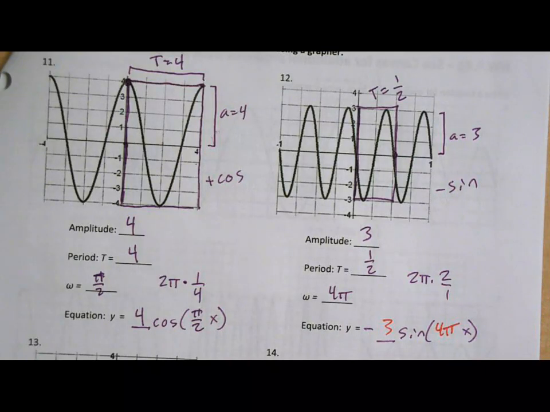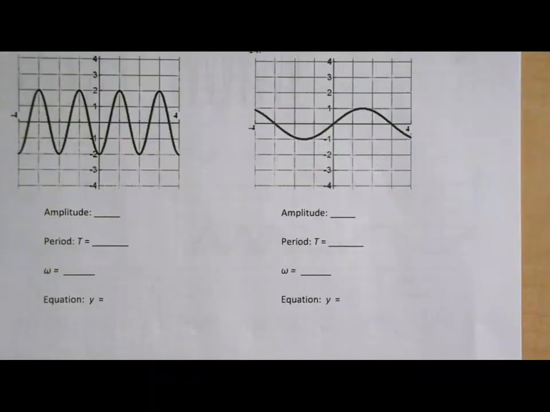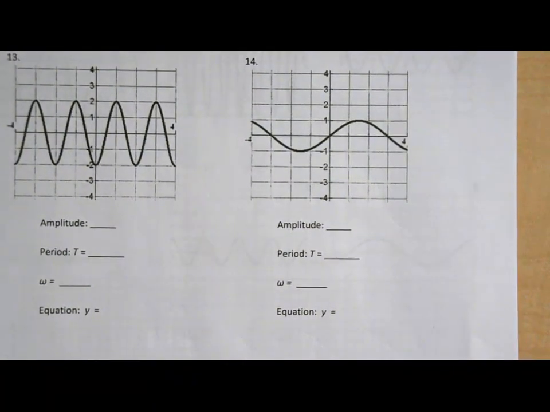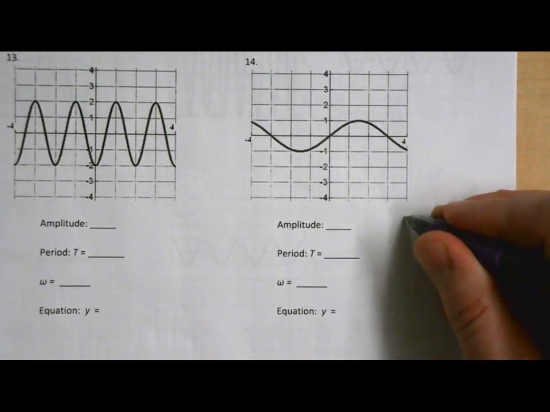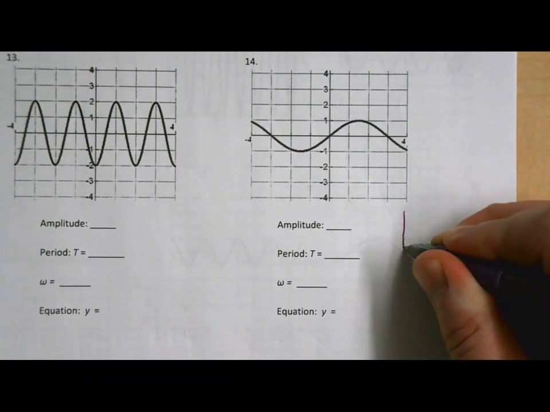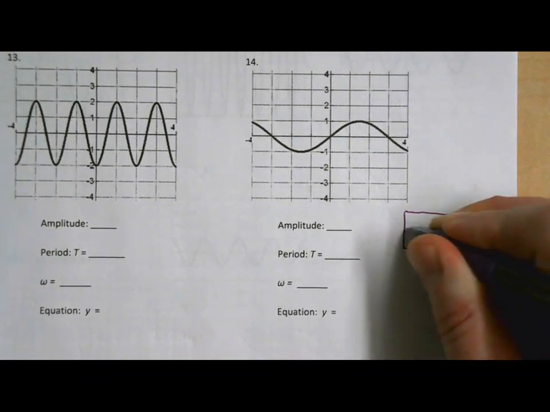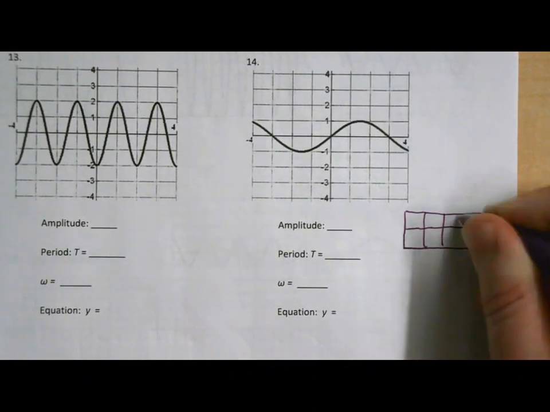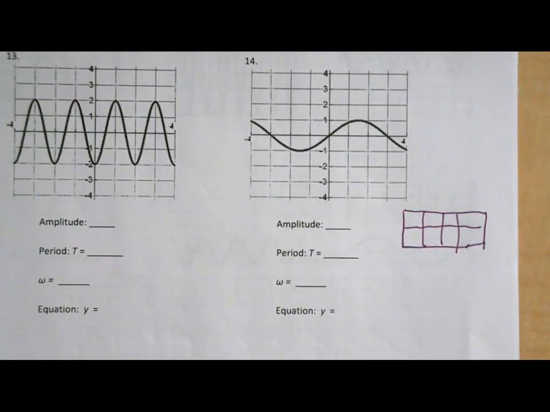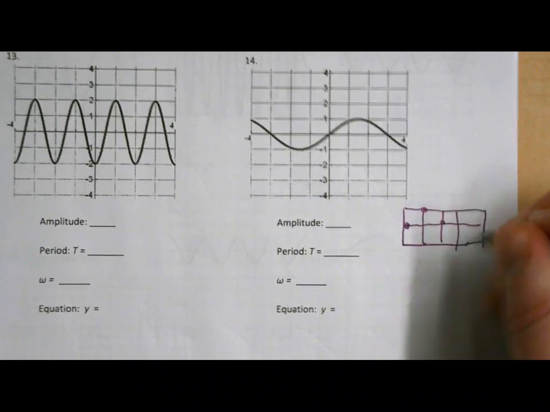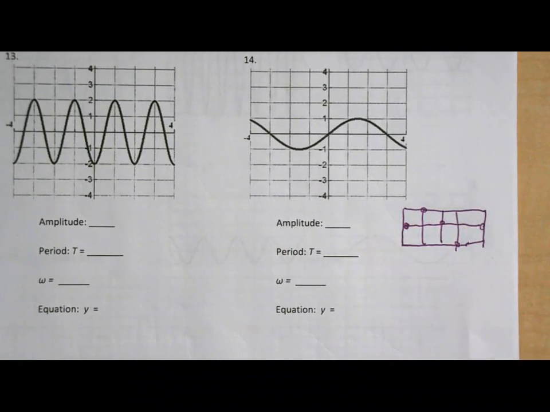I would love for you guys to try 13, 14 on your own if you haven't already. And I'll give you a hint. When you get to 14, it's kind of hard to see. I don't see a full period on 14. This is where I might fall back on my little box sketch. I got enough to tell that I know what it's going to do, and I've got some numbers here.